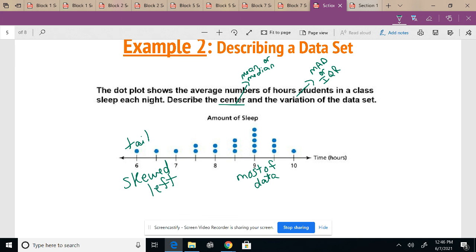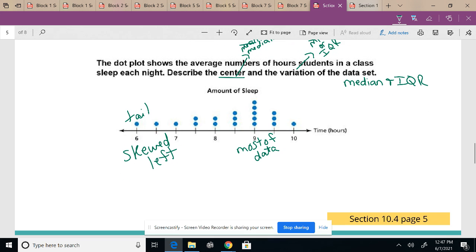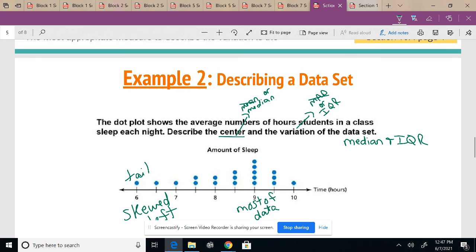So now that we know it's skewed, we know it's not the mean, and we know it's not the mean absolute deviation. Okay? So we are going to be working with the median and the interquartile range. All right? And the reason why is because it's not really centered. So we need to find the center, and the best way to do that is to find the median and the interquartile range.